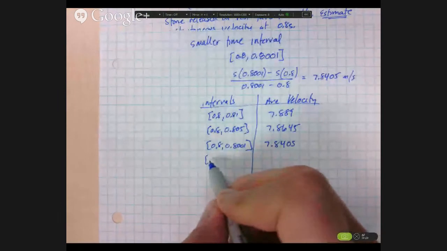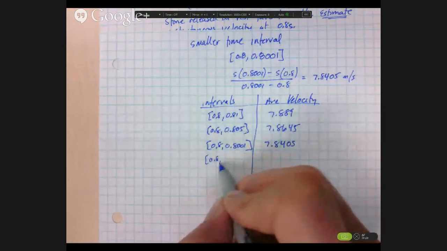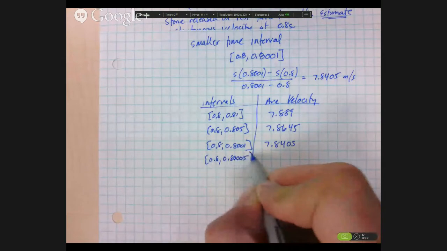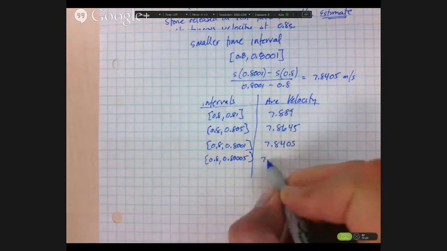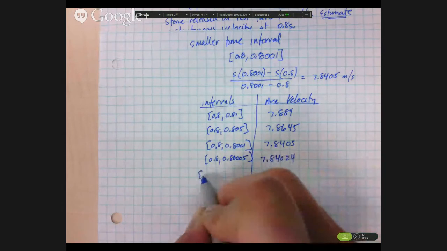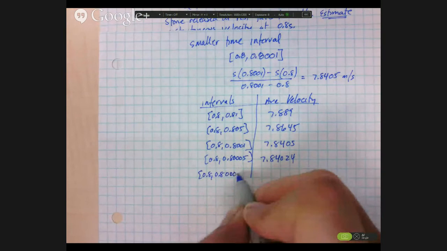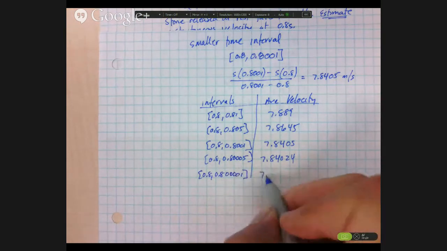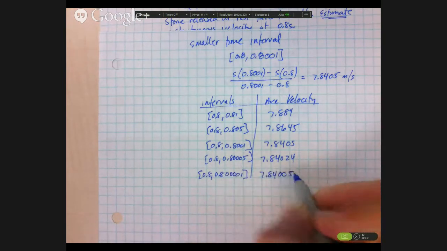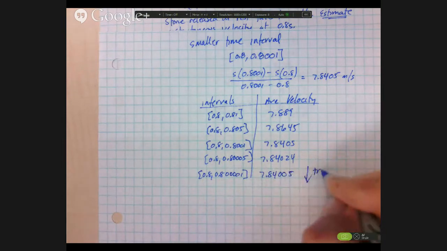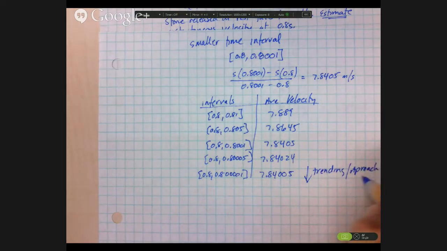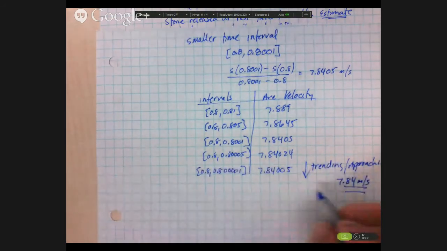If we tried an even smaller interval, we would get this, and then we're trying even smaller. So we can see that it's probably approaching 7.84. This is probably a good estimate for instantaneous velocity.